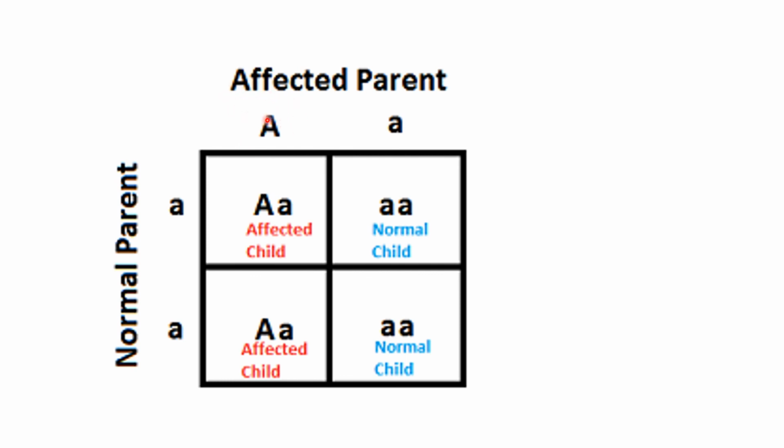When this person marries a normal partner, the disease is not shown at an early age, and they can pass this gene to their children. Because it is a dominant allele, in this cross we get a probability of two of their children being affected.